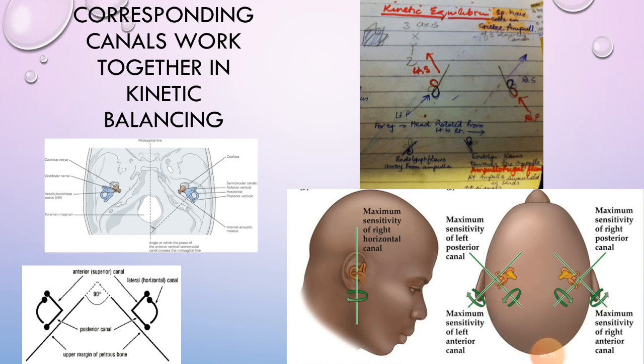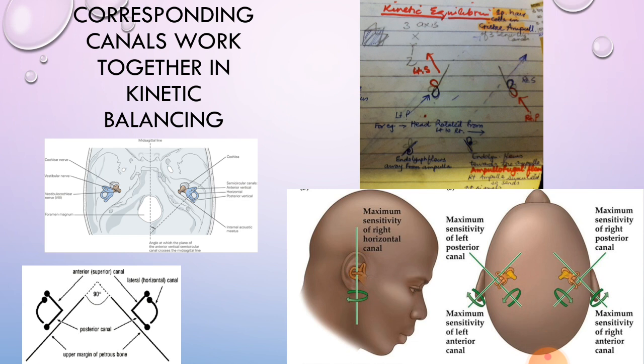Now, each semicircular canal is responsible for sensing a particular head direction. They're filled with fluid, and when displacement of this fluid occurs, nerve signals are sent to the brain informing about which direction the head just turned.